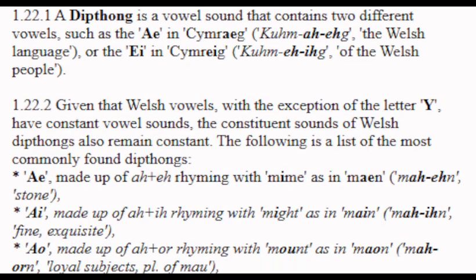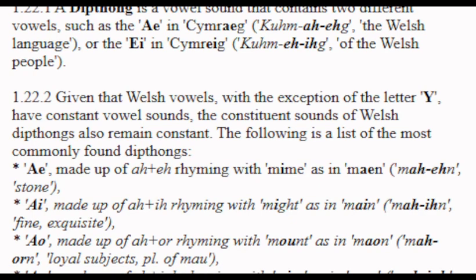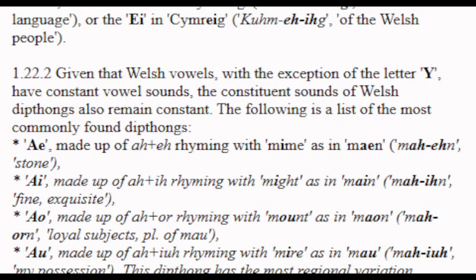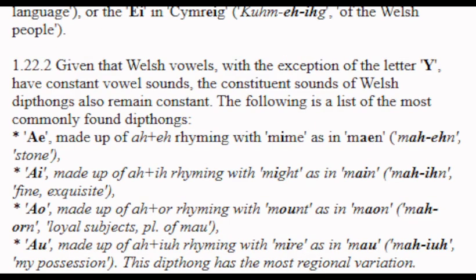Welsh diphthongs. A diphthong is a vowel sound that contains two different sounds, such as the 'ai' in Cymraeg, the Welsh language, or the 'ai' in Cymraes, a Welsh woman. Given that Welsh vowels, with the exception of the letter Y, have constant vowel sounds, the constituent sounds of the Welsh diphthongs also remain constant. The following is a list of the most commonly found diphthongs.